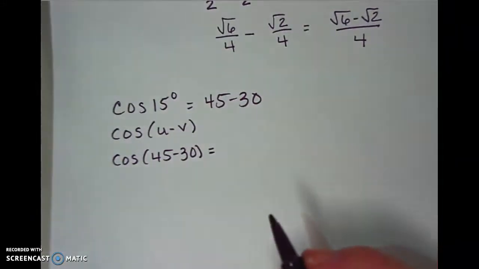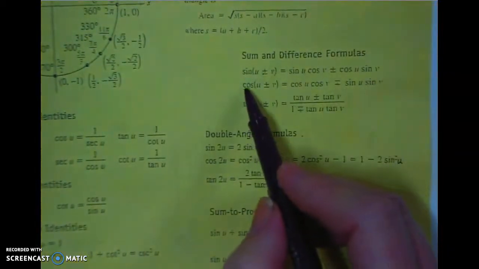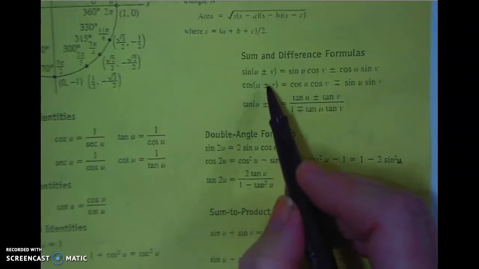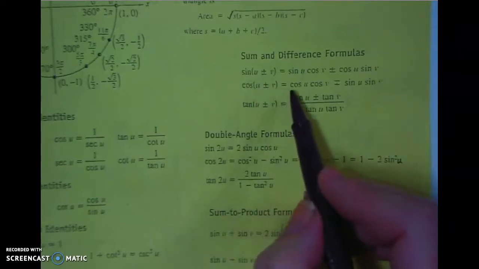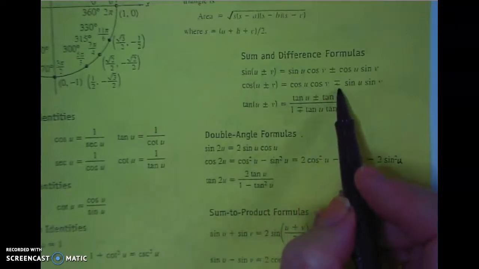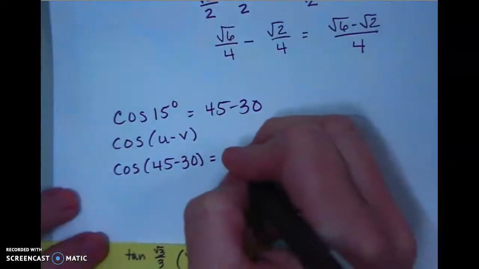This time, we're going to look at the sum and difference of cosine. Now notice cosine u minus v, so we're using the bottom symbol here because of subtraction. When we go across, now the bottom symbol is an addition sign. So this formula is a little different.